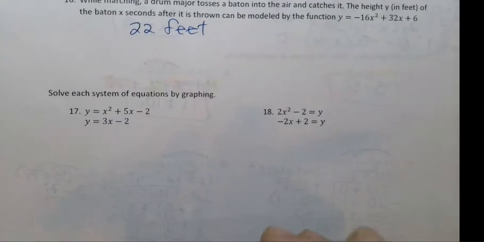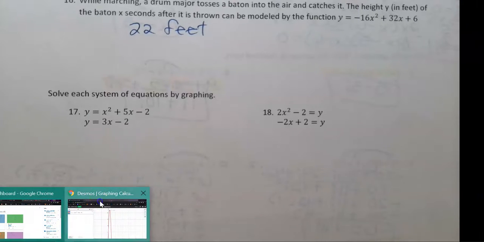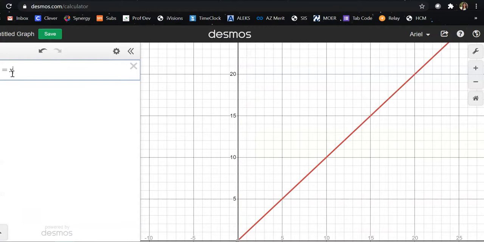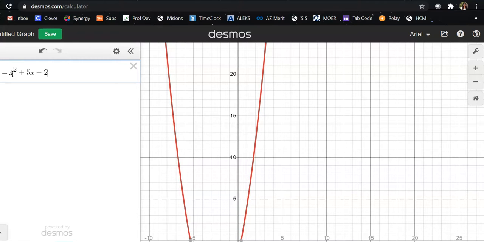Numbers 17 and 18 want me to solve by graphing. So again, I want to go to Desmos to see what these look like. I want to type in my first equation over here. I have x squared plus 5x minus 2.